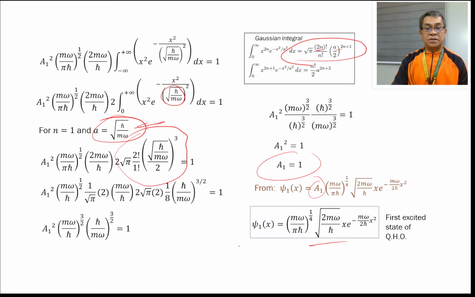So the question is, what is the second excited state? It is where n is equal to 2. There, the difficulty in solving increases, but still, if you are consistent with the mathematics, then that's it. We will continue this topic.